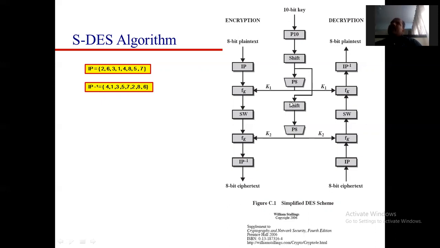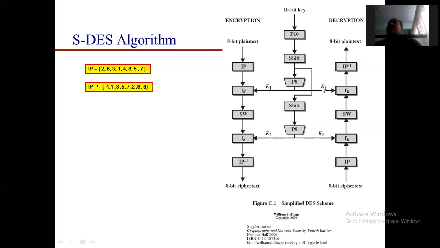Again there we follow the shifting operation, shifting the left bit to the right bit like that. And again we have P8. What is the meaning of P8? It is the permutation of that 8-bit, and any one permutation combination we choose as the key K2.